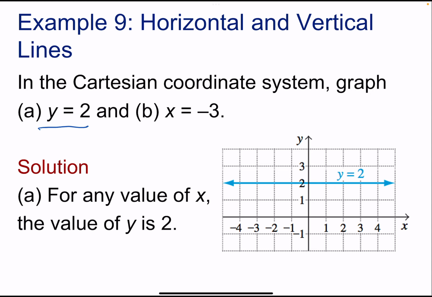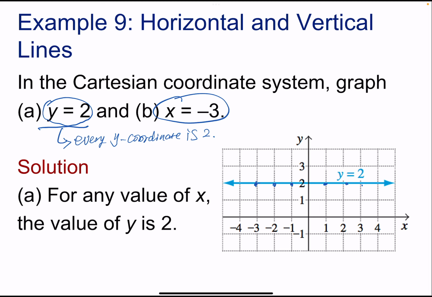What about graph y equals 2? It's a horizontal line because this equation means every y coordinate is 2. Now, what about x equals negative 3?